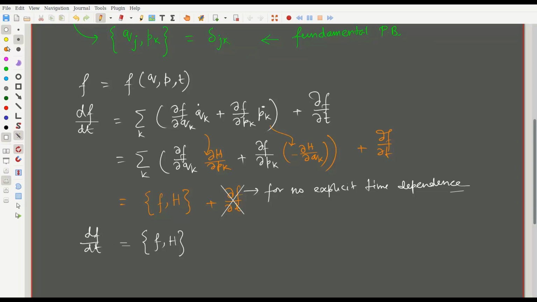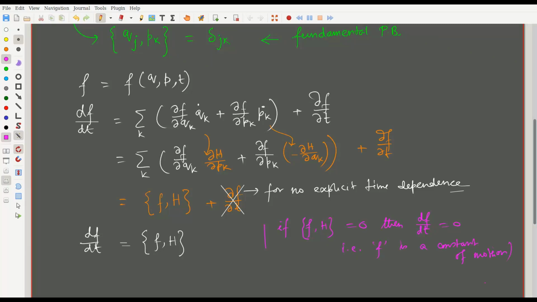Okay, so what I have as a conclusion is, if the Poisson bracket of F and H is equal to 0, then dF/dt equals 0, that is, F is a constant of motion.